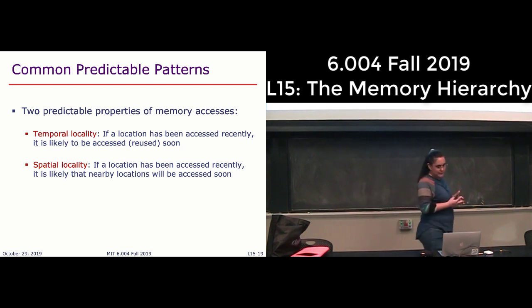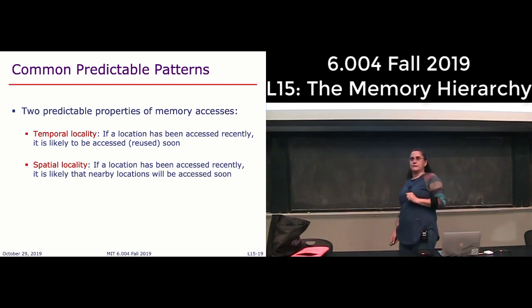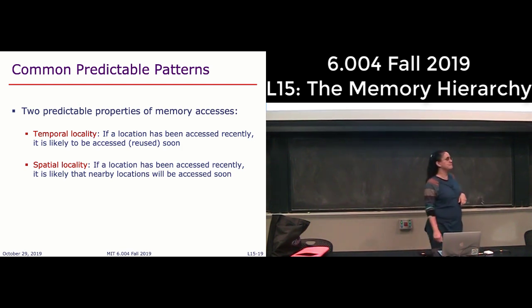So temporal locality basically tells you that if I'm accessing a particular location right now, I'm very likely to access it again in the near future. Okay? We saw that come into play, for example, when we executed loops in our code, right? We go back and we execute the same instruction over and over.